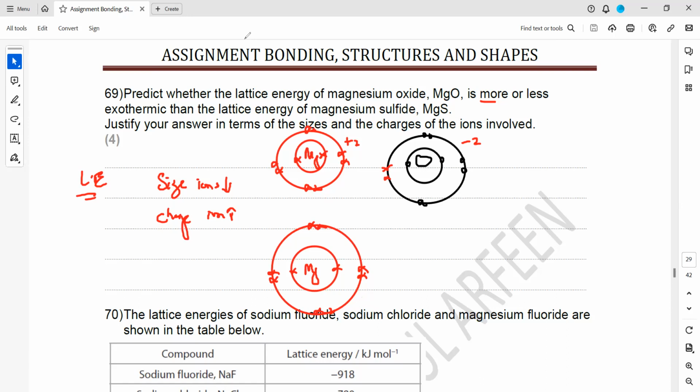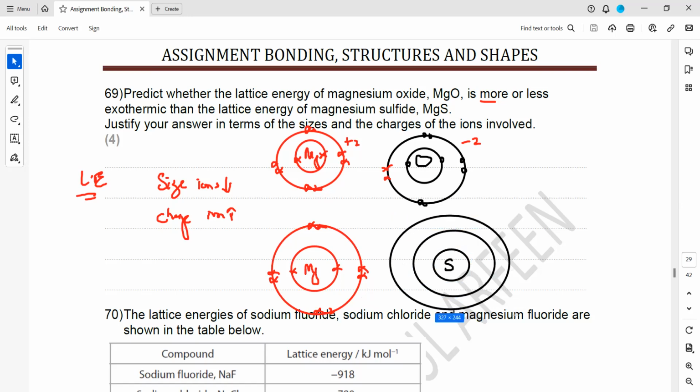And when it takes 2 more extra electrons, the configuration changes to 2,8,8. So first shell 2, second shell 8, and the third shell also 8. The 2 extra electrons it took from magnesium. So this is magnesium sulfide.